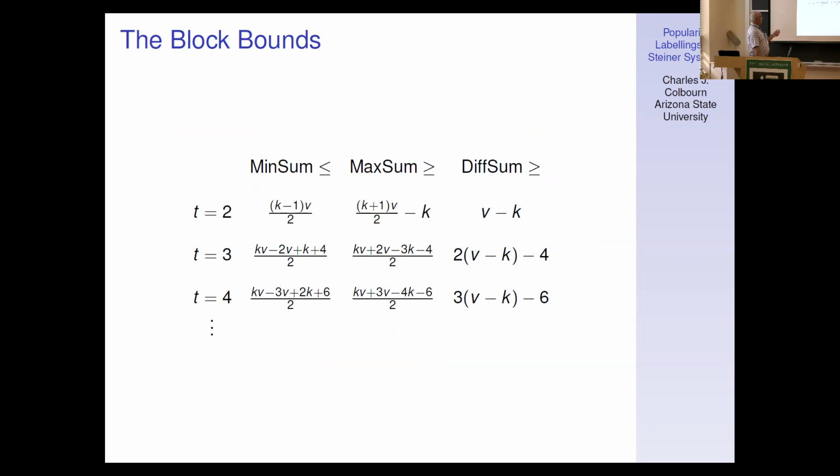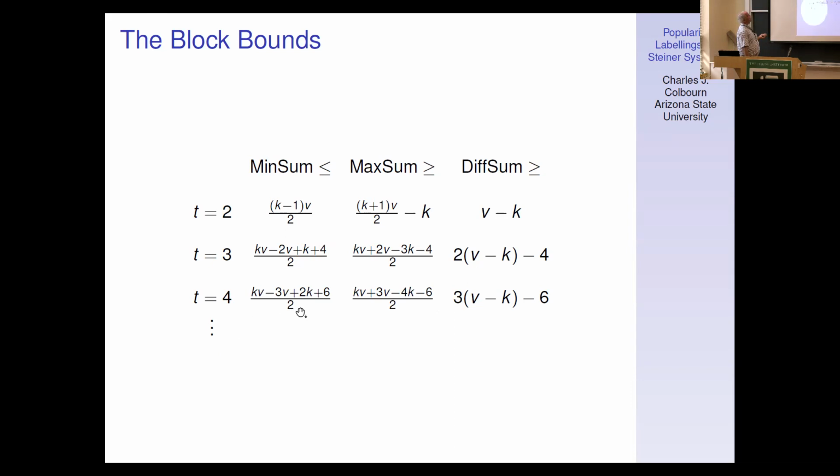So here, oh, that's very nice. So here you can see that the difference between the max sum and the min sum is a fairly significant amount, right? k minus 1 times v over 2, k plus 1 times v over 2, and the diff sum is bounded below by a linear quantity for t equal 2.